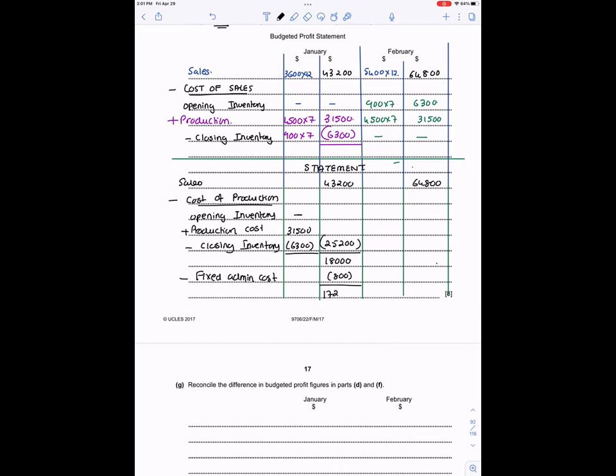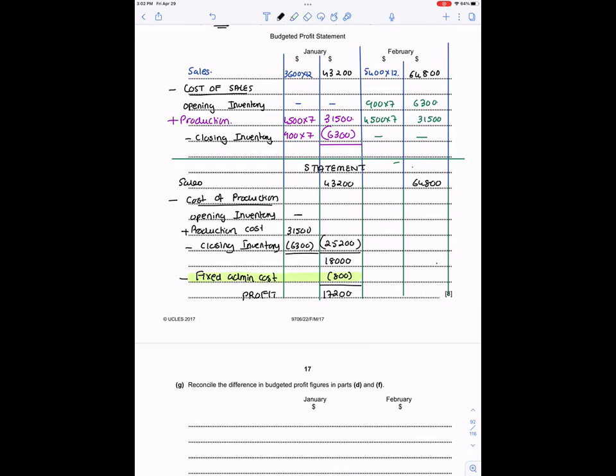So I get 17,200 as my profit. In marginal costing, we ignore this fixed overhead. But in absorption costing, we take everything.